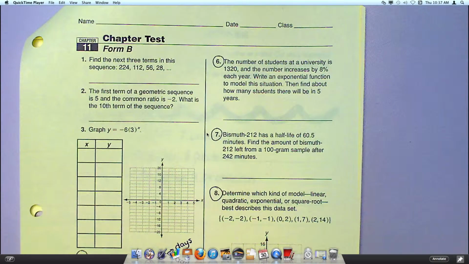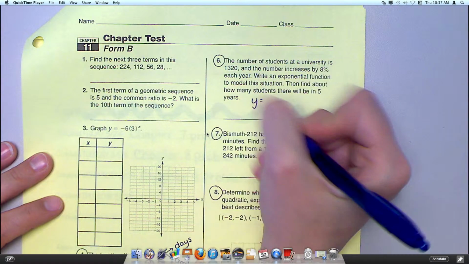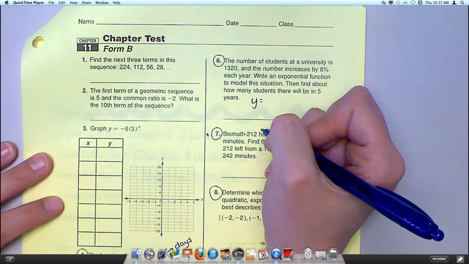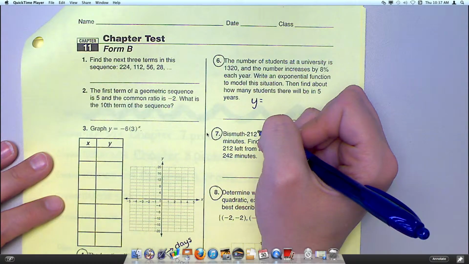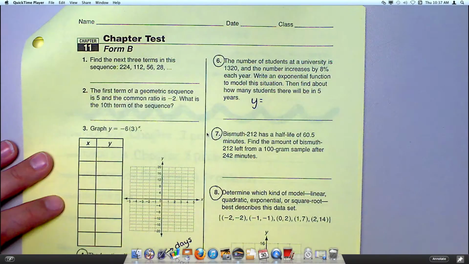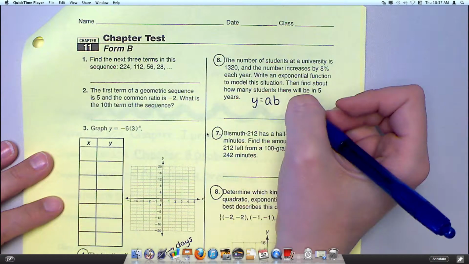The number of students at a university is 1,320 and the number increases by 8% each year. Do you remember how we set up these problems? What's the little formula? Y equals A B to the X. Where's the X go?